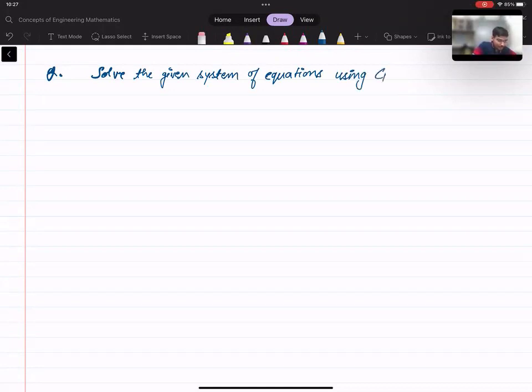So we are given three equations and we will be using the Cramer's rule to solve them.